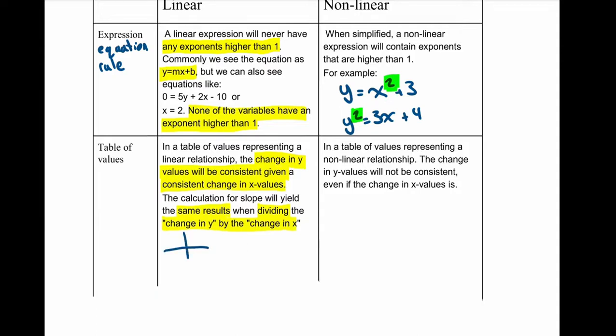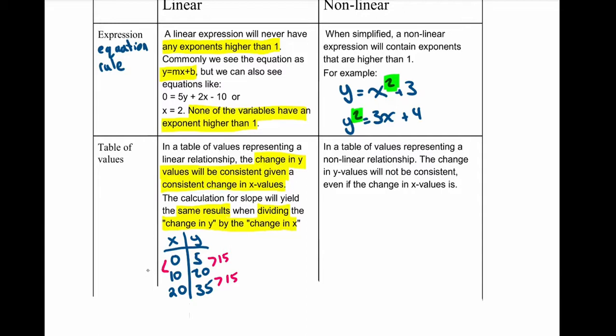So for example, let's say I have x and y, 0 and 5, 10 and 20, 20 and 35. If I look at the change in y, I can see I'm going up by 15.